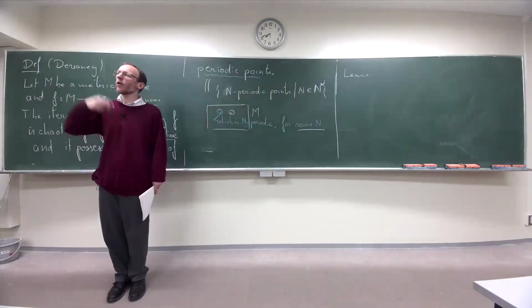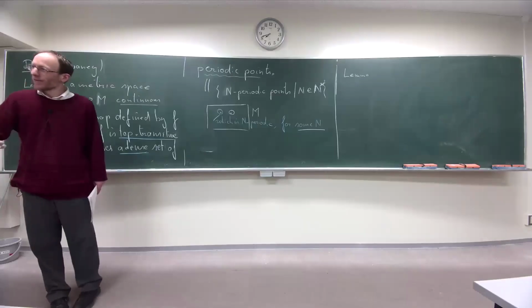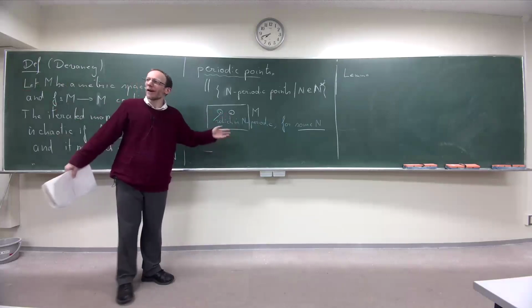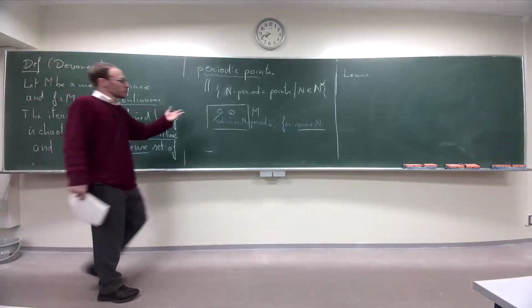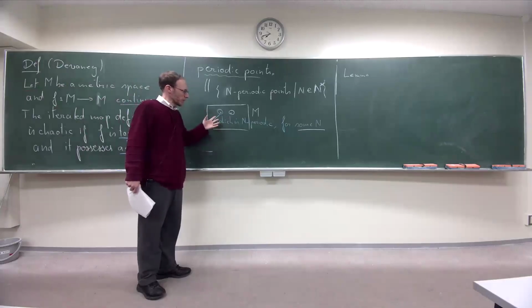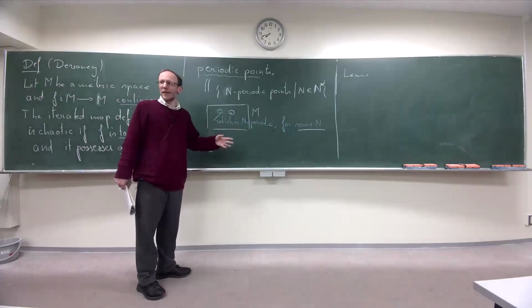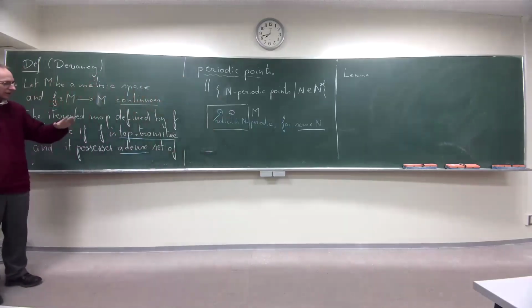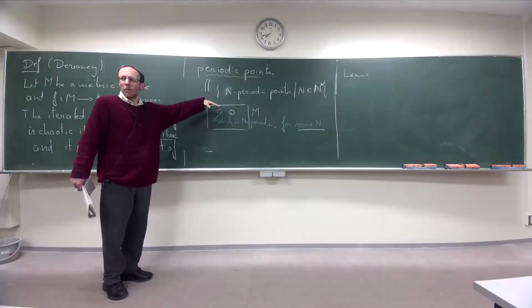I'm not saying that you have all periods. I don't know if you can have only 2 periodics, probably it's possible, I don't have an example. But even if you had 3 periodic points, you would have all the other ones, but it's not automatically dense. So just take the definition as it is: you have a dense set when you consider all periodic points, no matter what the period is.